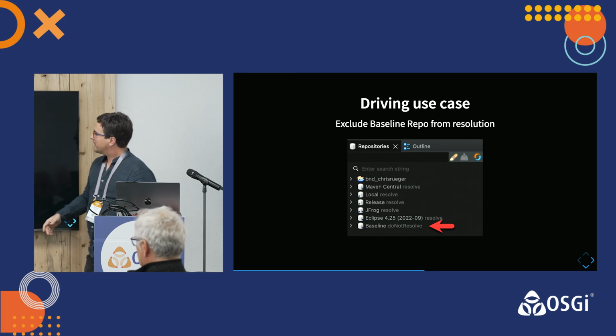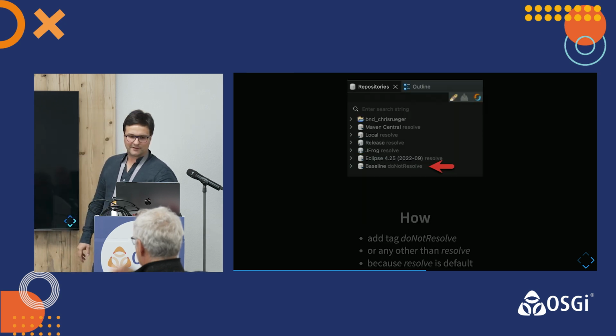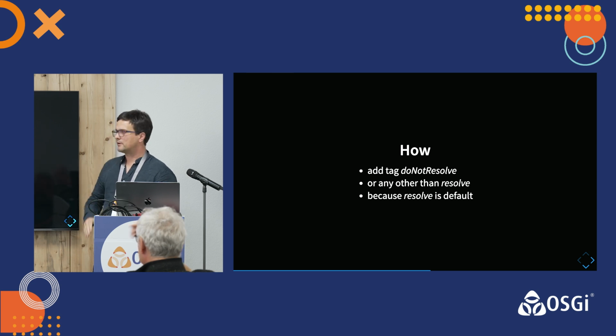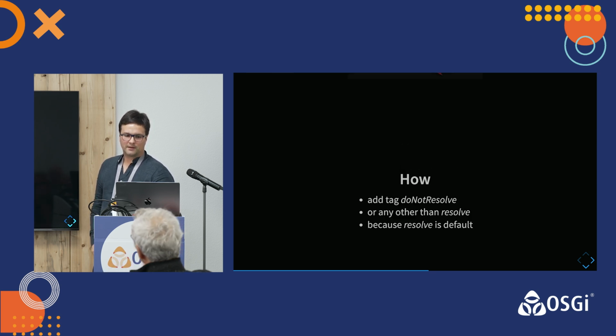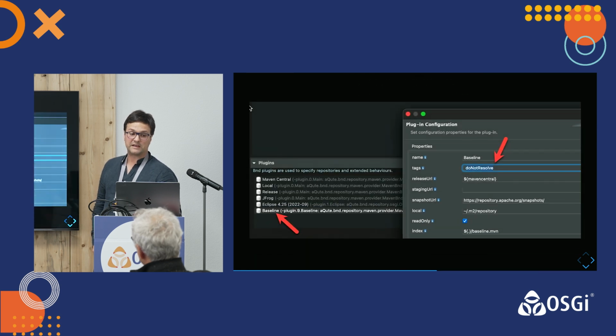And how can you do that? You give it a tag which is not resolve. So, for example, you could call it do not resolve or any other word, foobar. Resolve is the default. How can I add the tag? You go to your bndrun file. You can double click or press the little pencil or go to the source view.